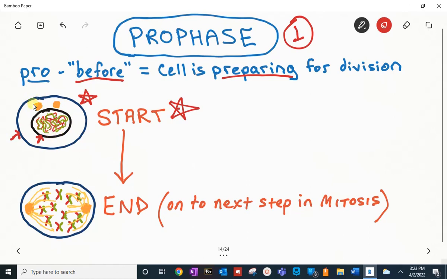And then up here, these little Mickey Mouse ears looking things, these are called centrosomes. Cent, like a penny, centrosomes.